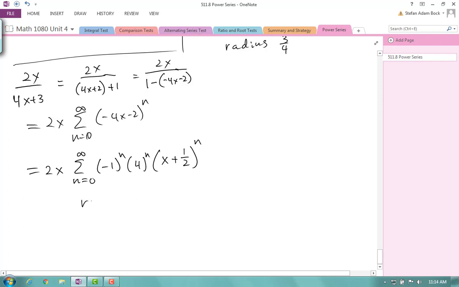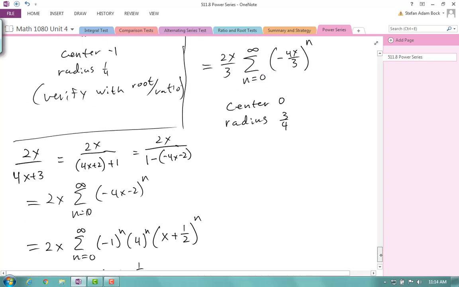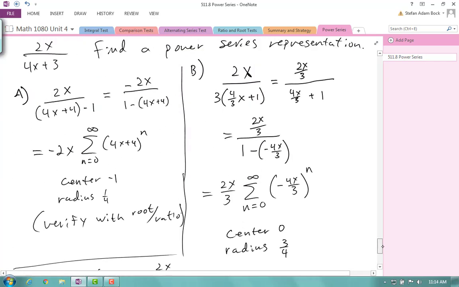So this will have a radius of 1/4 and a center of -1/2. So here I have 3 totally different power series. Each one has a different center, and 2 of them have a radius of 1/4, and the other one has a radius of 3/4.